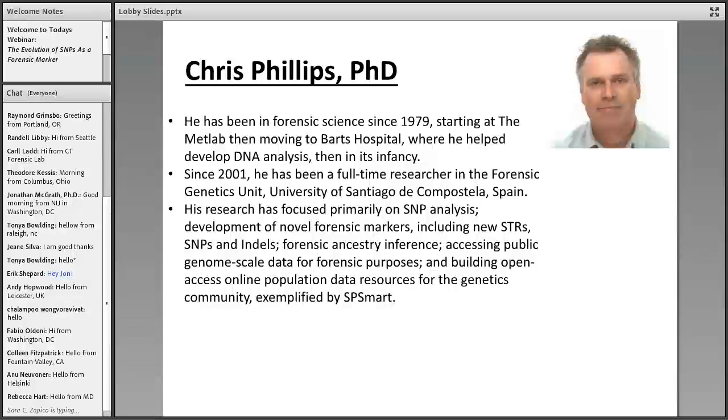His research has focused primarily on SNP analysis, development of novel forensic markers, including SNPs, STRs, and indels, forensic ancestry inference, accessing public genome-scale data for forensic purposes, and building open-access online population data resources for the genetics community, which is exemplified by SPSmart.